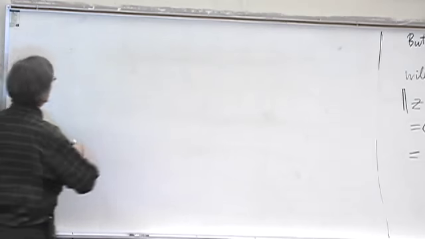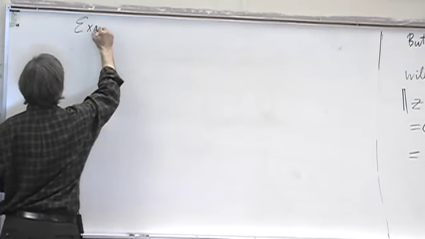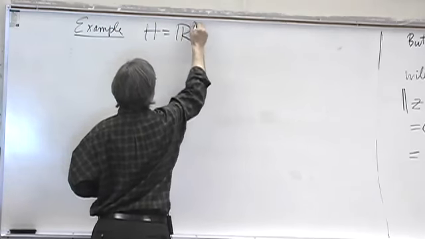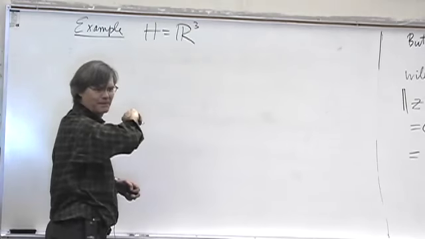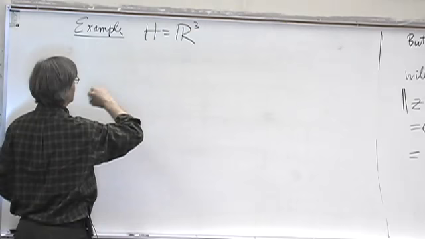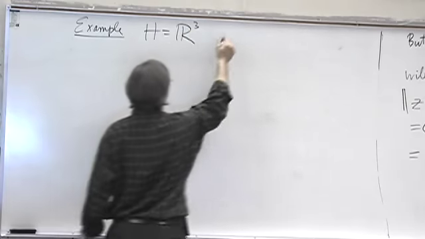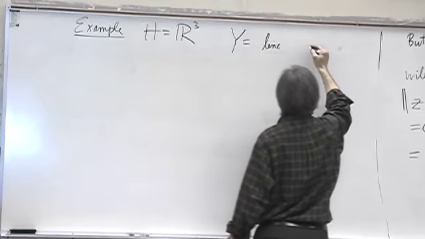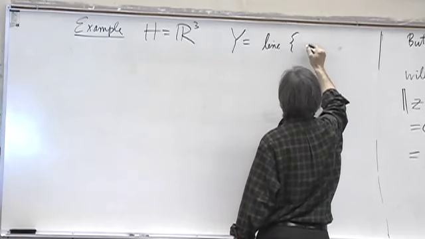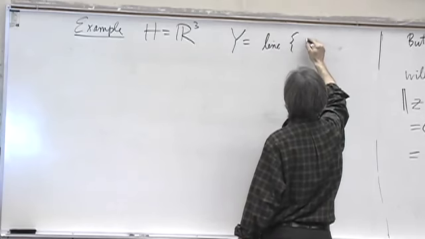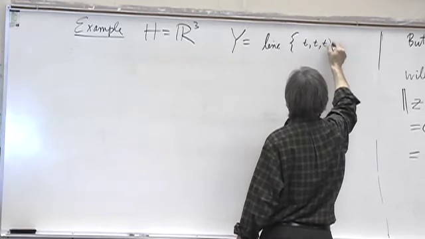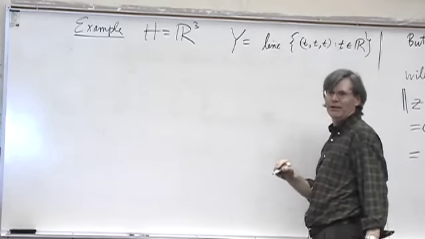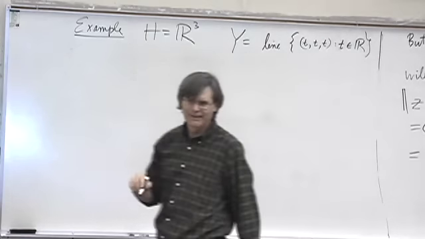So let's take H equals R3. Real Hilbert space means real scalars, and Y equals the line, let's say, the set of all t, t in R, as a line, x equals y equals z through the origin.